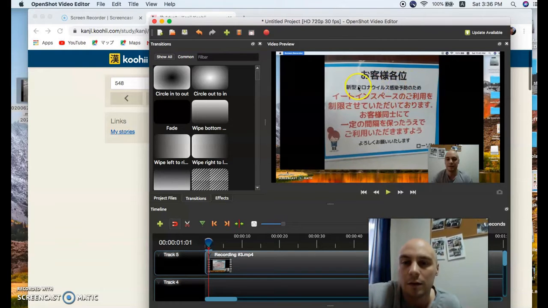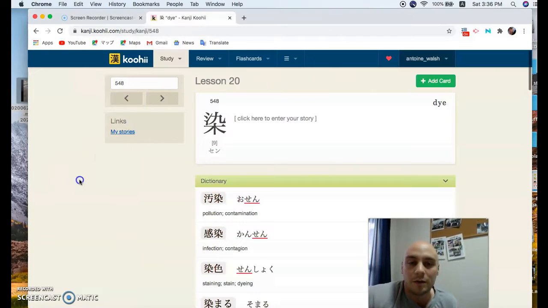Coronavirus, infection, prevention, and then for the sake of. So yeah, that's how things go. One minute you're just learning the meaning of a word, and then all of a sudden you're going to come across it in real life. So let me take a quick look at a couple other ones.